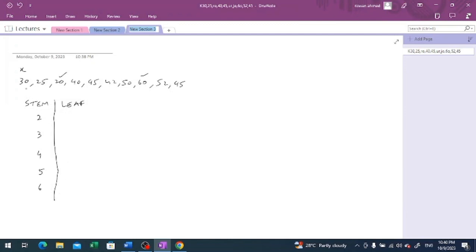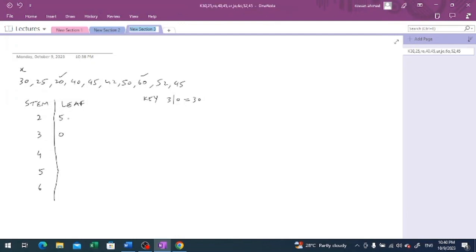And we start tallying the numbers as these are given in the data. So first observation is 30. So 0 of 30 I will copy here, and we read it, we define a key as 3 with 0 is equal to 30. So when we read a number, we read it jointly.